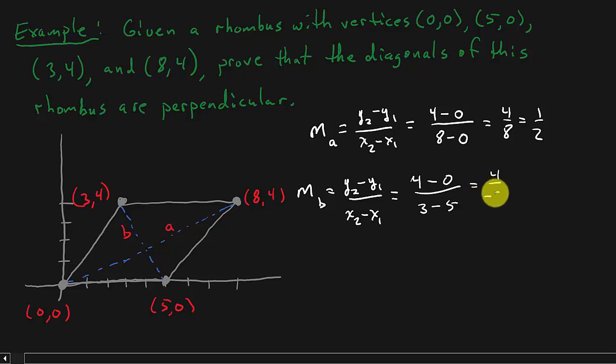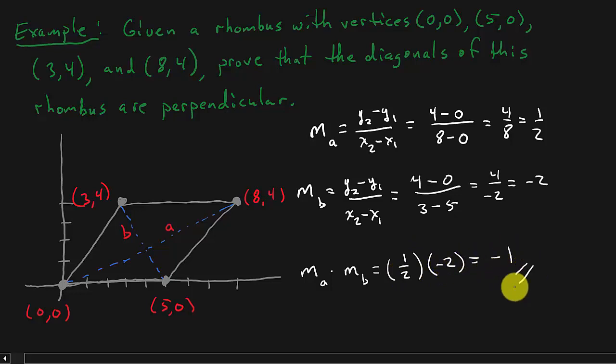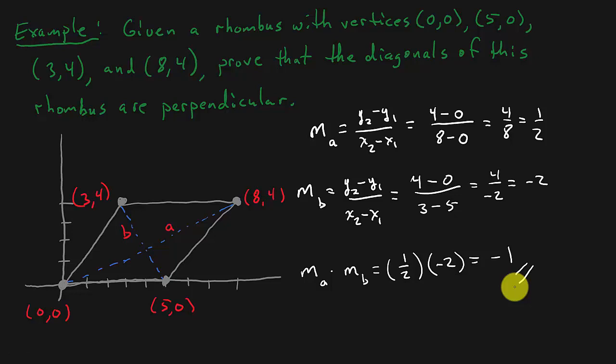So that's 4 over -2, which is -2. You can see right off the bat these are negative reciprocals, but we can go further and show it. The slope of A times the slope of B, which is 1/2 times -2, equals -1. And that proves that those two diagonals are perpendicular.